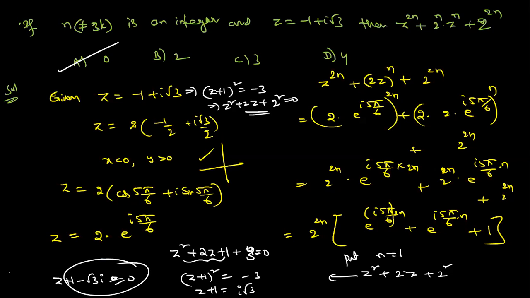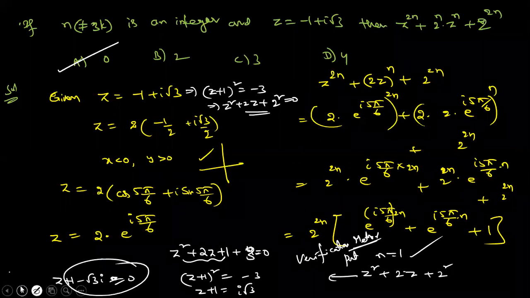Directly take n is equal to 1, dear students. Directly put n is equal to 1, procedure. Verification method is easy. Actual method means you are taking common factor like this only.